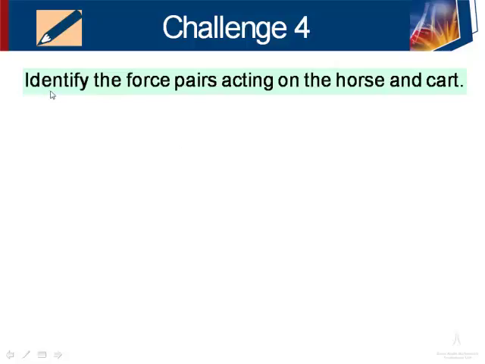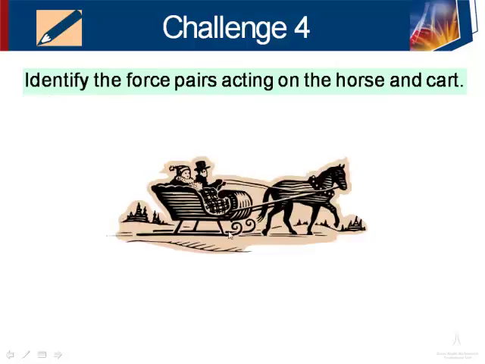Let's do challenge number 4, which is applying Newton's third law. Identify the force pairs acting on the horse and cart. Let's pause the DVD now and do this challenge. The solutions for challenge 4.